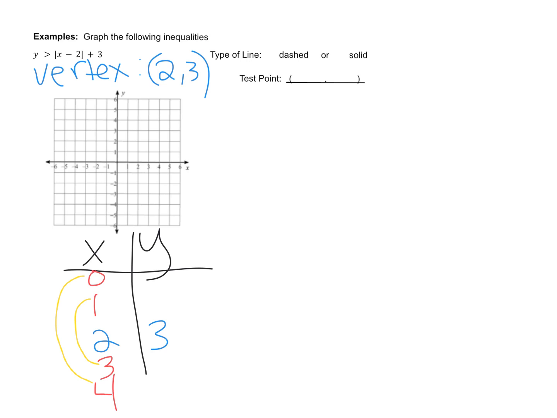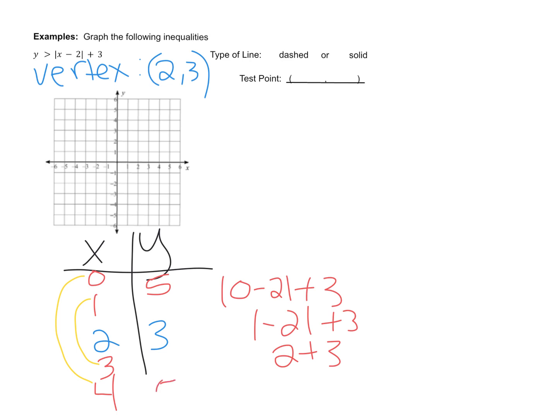So when I substitute in, let's start with 0. I have the absolute value of the quantity of 0 minus 2, plus 3. 0 minus 2 is negative 2. So I have the absolute value of negative 2 plus 3, which is 2 plus 3, or 5. So I also know that I have the point (4, 5).